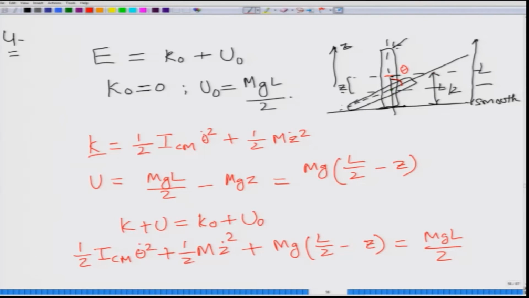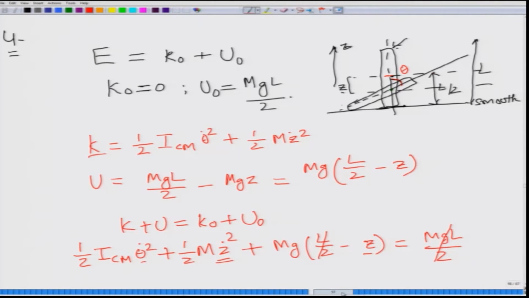Now, we shall solve this equation and we shall find this z dot, this is what we are after, in terms of theta. So, we shall now get rid of this z because we do not know that, and this theta dot. So, let us do that. First of all, we can see here that this thing actually cancels this.